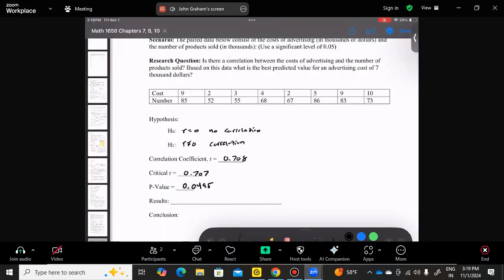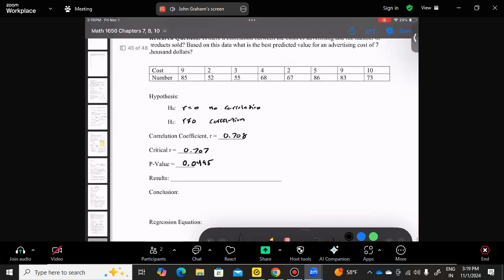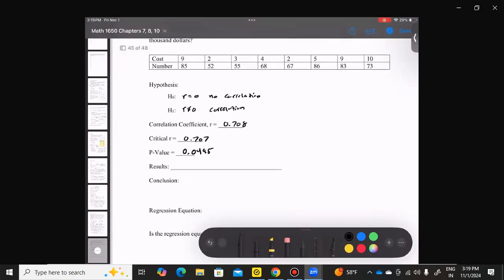Do we have correlation? This one is very, very close. Since our value is just slightly more than the critical, we reject the null, that there is correlation. But it's barely any correlation.